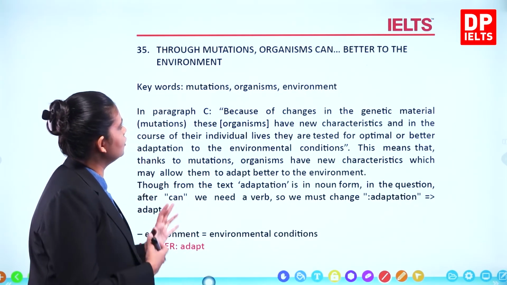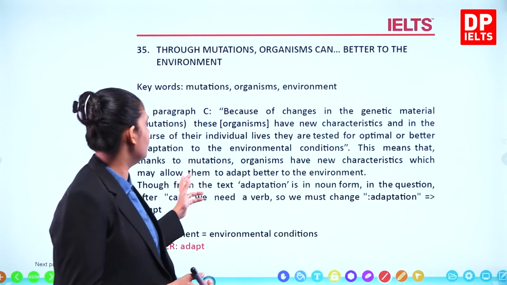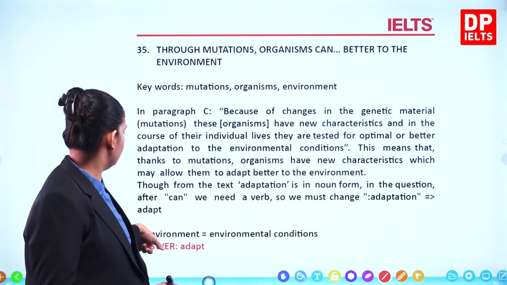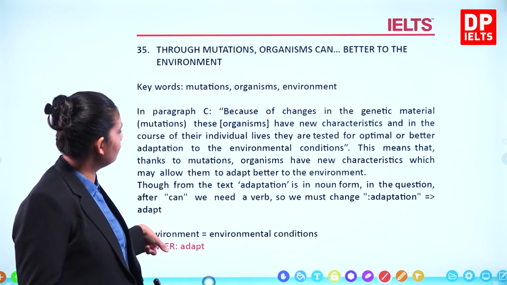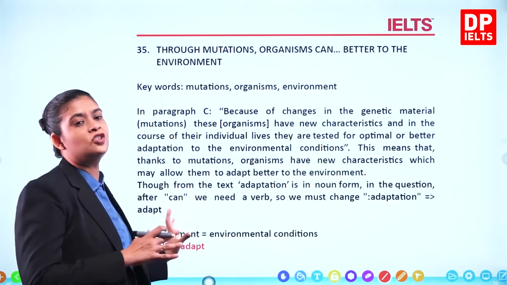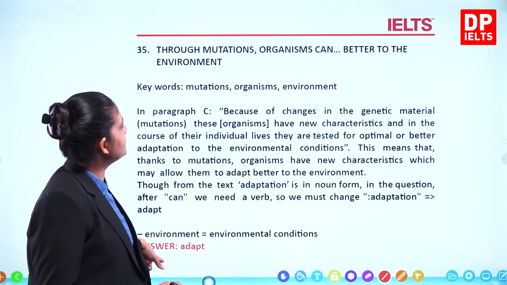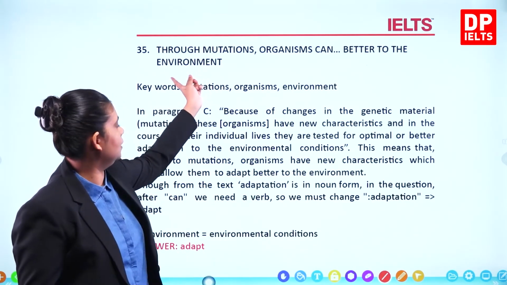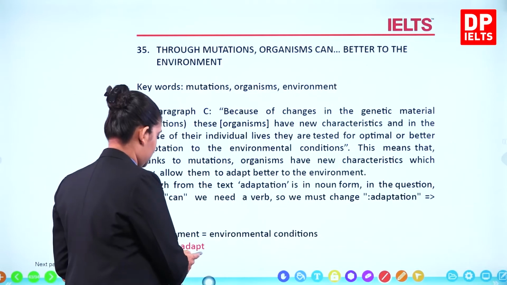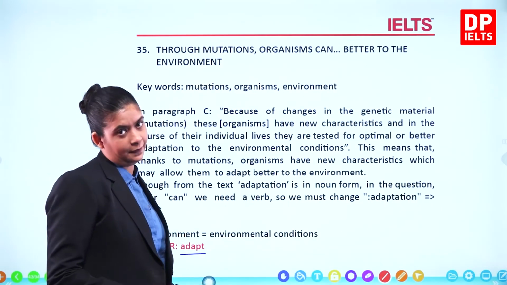So through the mutations, organisms can be tested as to how they change or adapt to the environment. Okay. So organisms can adapt better to the environment. So the answer should be adapt.